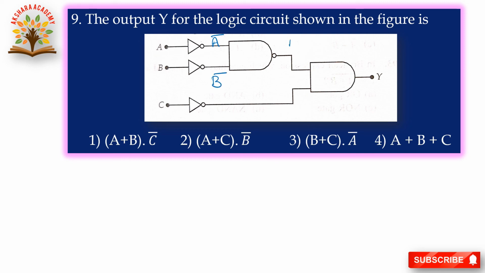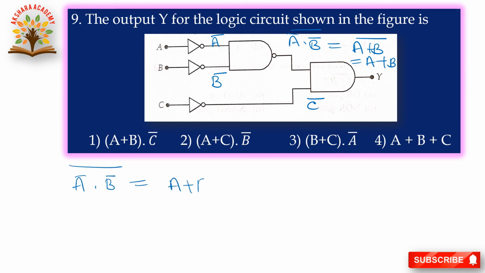This output (A bar dot B bar) bar is equal to A plus B, so that is equal to A plus B. Here this is another one, C bar. So for this here (A bar dot B bar) bar is equal to A plus B.